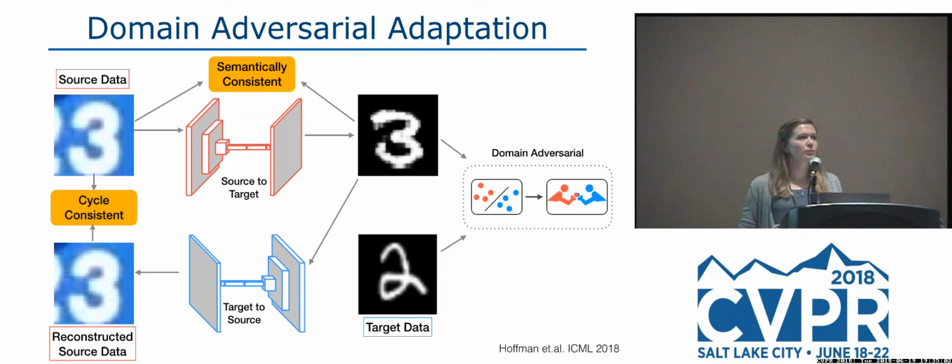We know what the task is because we have lots of labels on the source that tell us what the task is. We know that we can use supervised learning to train a model to recognize these digits in Google Street View. And we know that that model doesn't perform as well as we'd like in MNIST, but it performs better than chance. And so we can use this as a signal and measure what is the predicted output before and after we do this image translation. And we can simply ask, hey, don't flip the labels. Make sure that it predicts the same label before and after transfer.